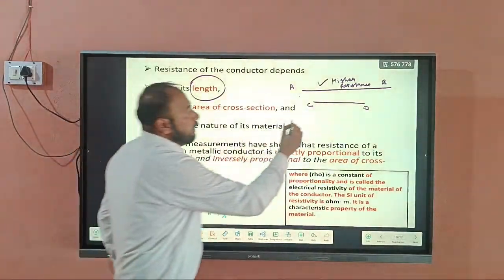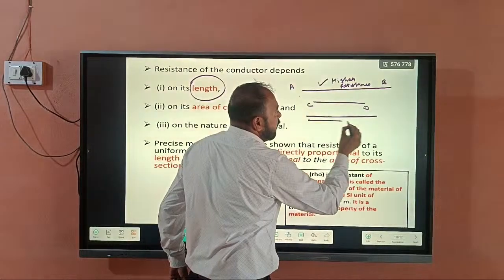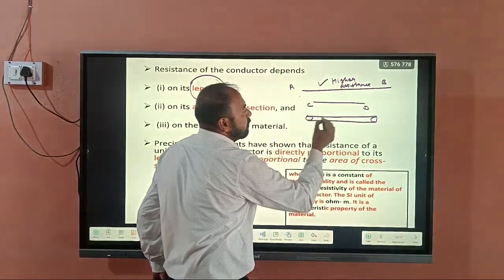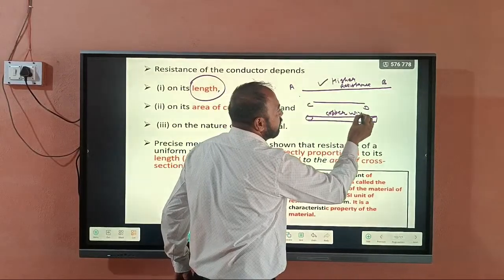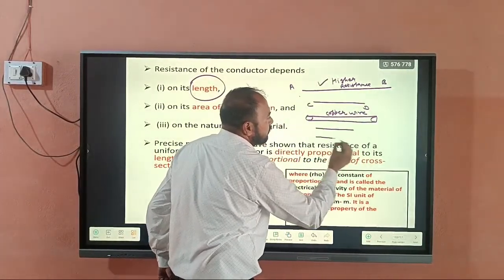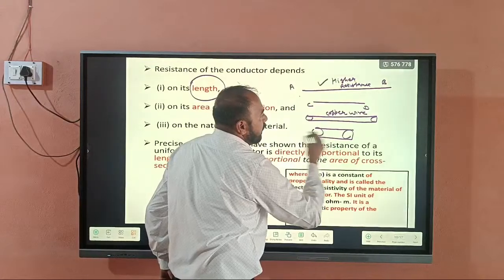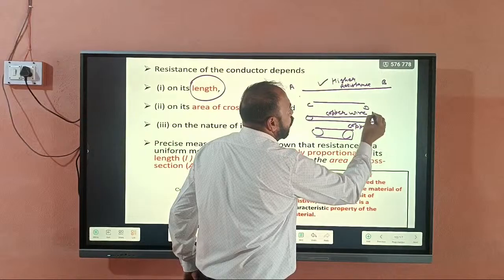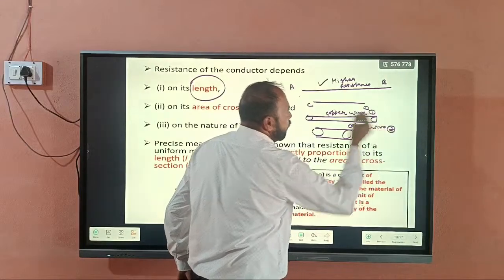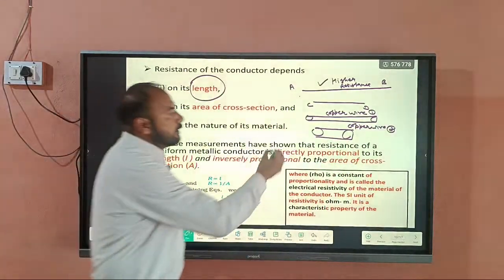Again, if we take copper wire 1 and copper wire 2, which has higher resistance?